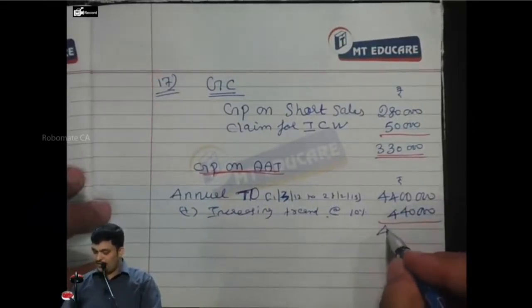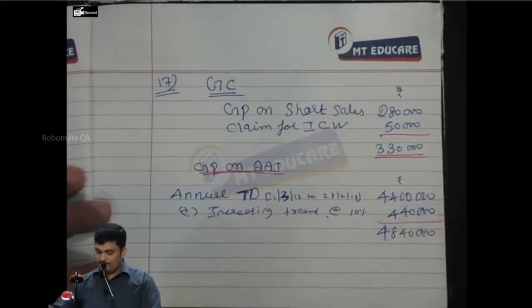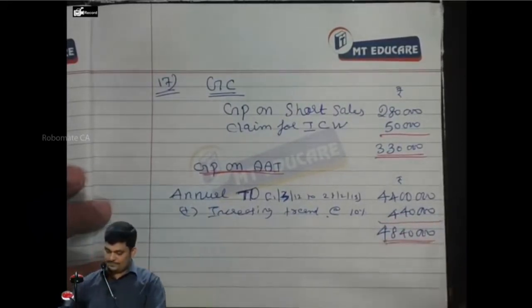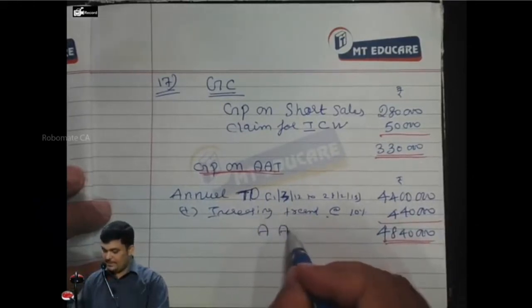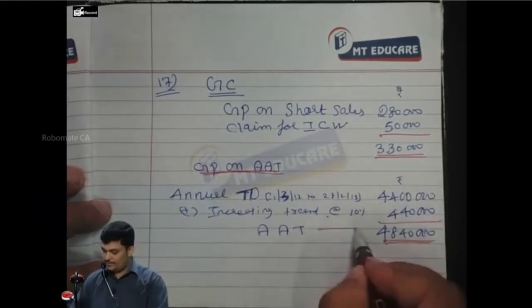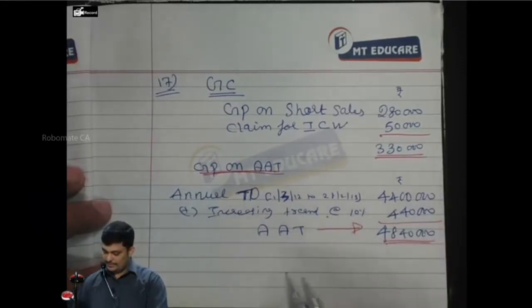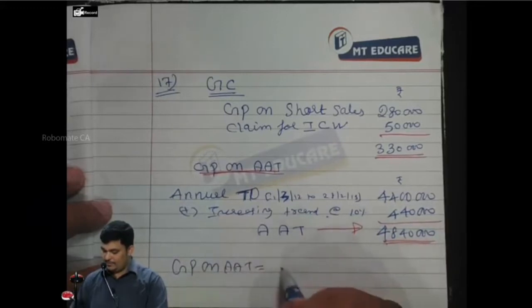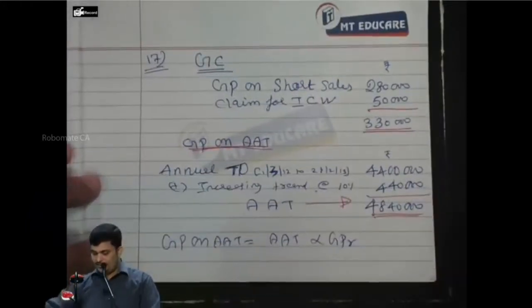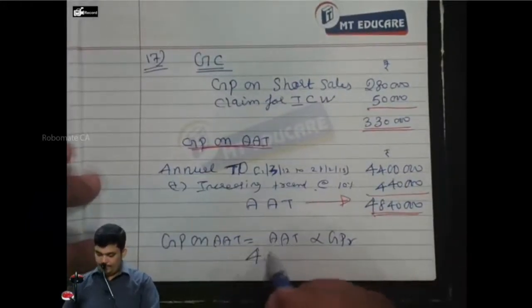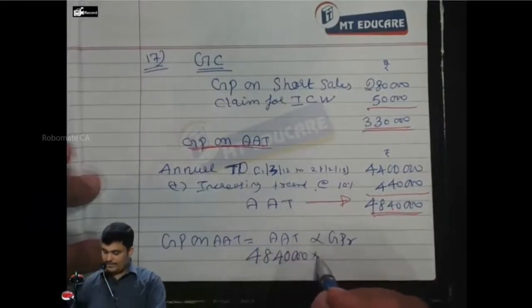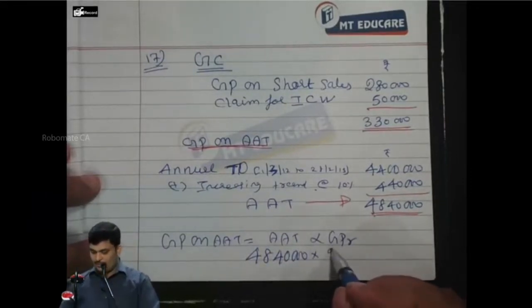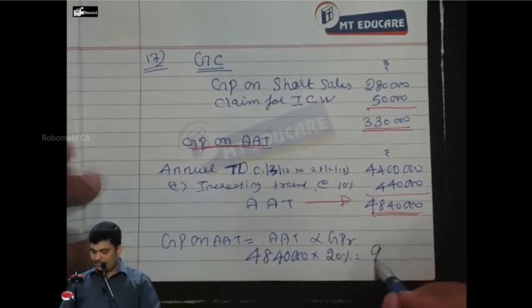So 48,40,000 is called adjusted annual turnover. Next, GP on AAT equal to AAT into GPR. What is AAT? 48 lakh into 20%. 9,68,000.